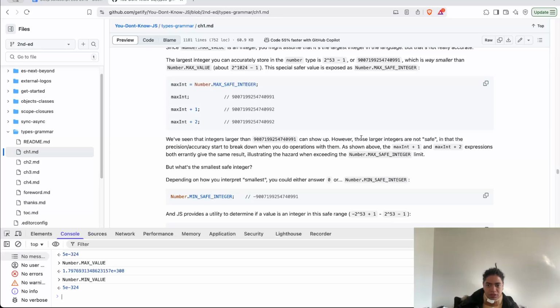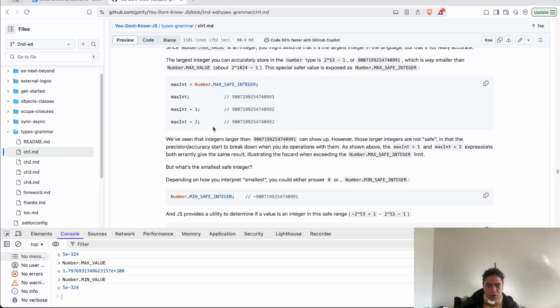We have seen that integers larger than this can show up. However, those larger integers are not safe in that precision and accuracy start to break down when you do operations with them. In other words, because of how they are stored and represented, as shown above, the max plus 1 and max plus 2 expressions both errantly give the same result, illustrating the hazard of exceeding the Number.MAX_SAFE_INTEGER limit.